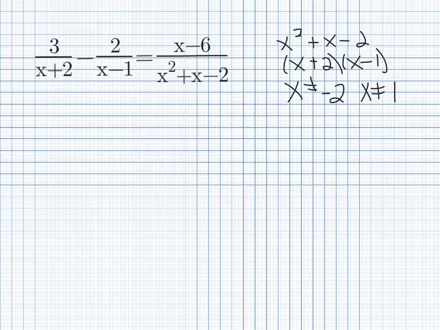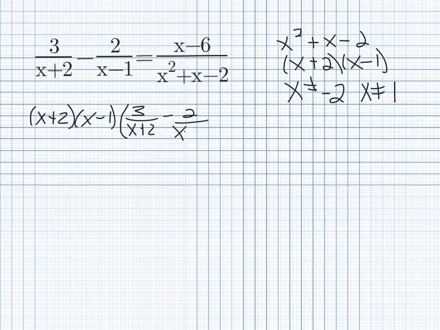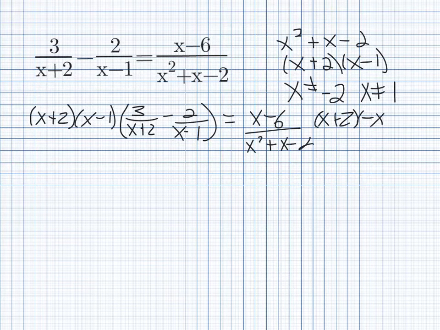If you want to show that you're going to multiply, then what you want to do is write down your LCD on the left-hand side, open a set of parentheses for the left-hand side of the equation, close the parentheses, copy down the equal sign, write down the opposite side of your equation, and show multiplication by the LCD again.